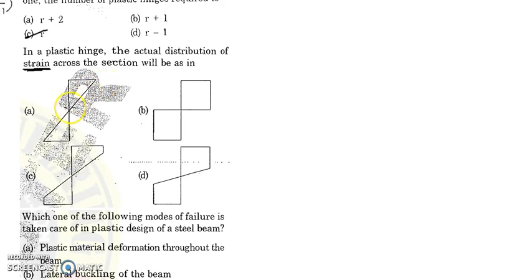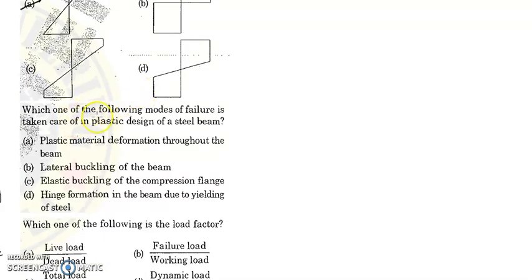Strain is going to be linear even up to failure, not just up to yielding, even up to the fracture. You cannot have a strain like this. This is a stress profile, so don't confuse it; this is a strain profile. In all kinds of analysis problems it is going to be linear.